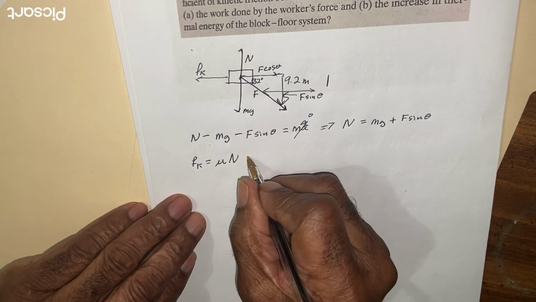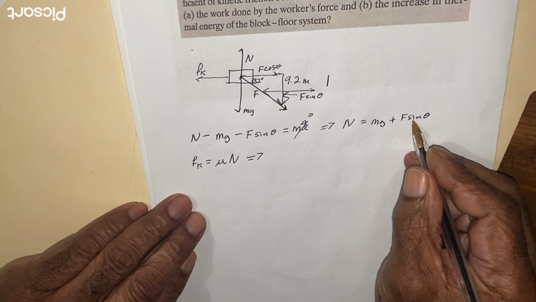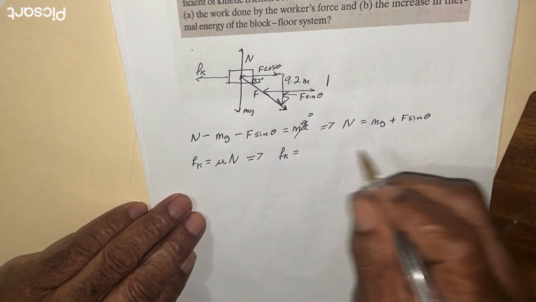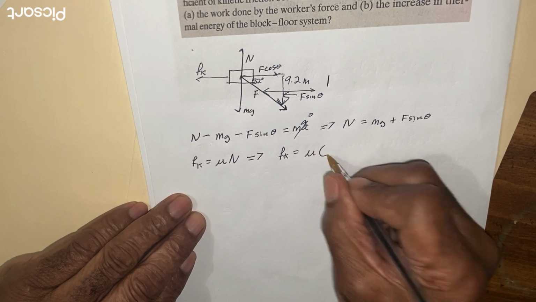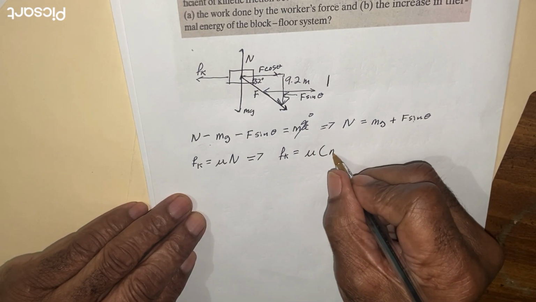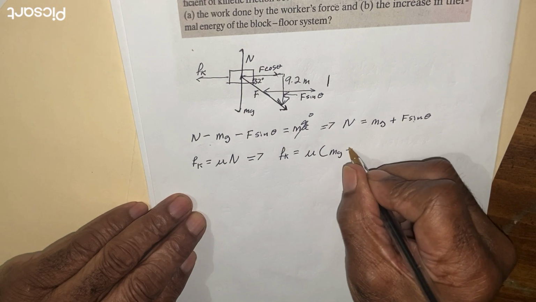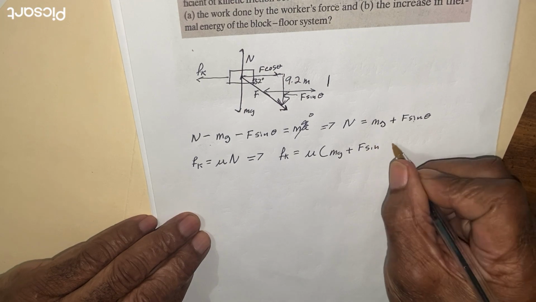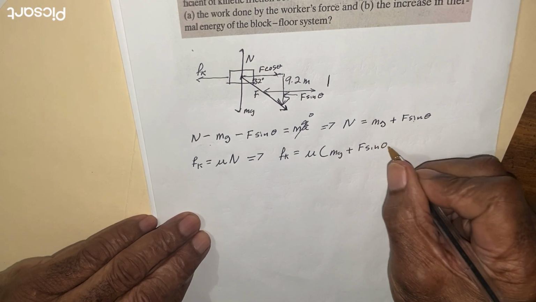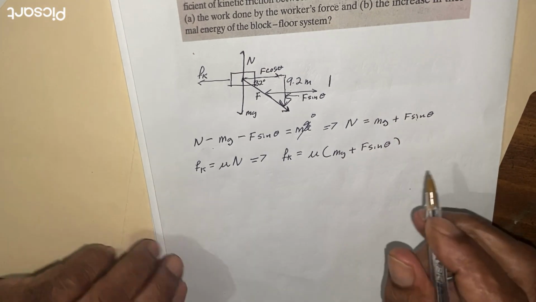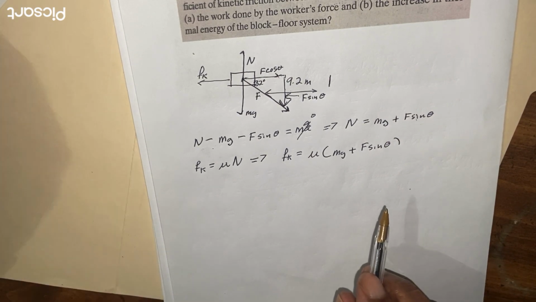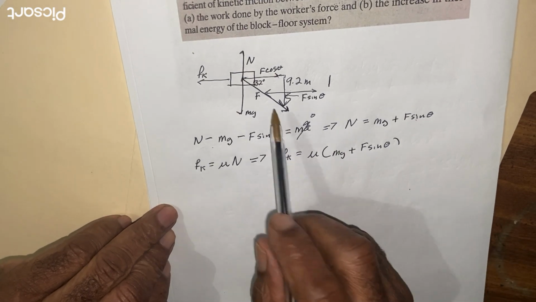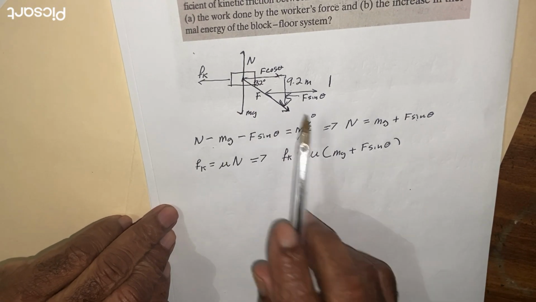So this will go to F_k is equal to mu times (mg plus F sine theta). And we're going to be solving for the force.